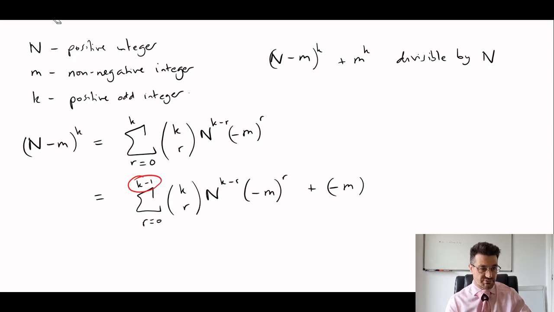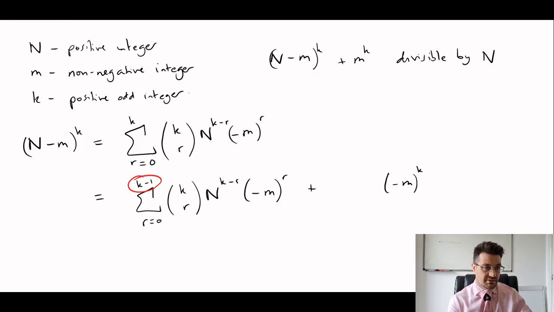Just to be clear then, I'll write out that last term in full. It's going to be k choose k, n^(k−k), which is n^0, times (−m)^k, r being equal to k in this case. So k choose k is equal to 1, so we can get rid of that. n^0 is 1, we can get rid of that.